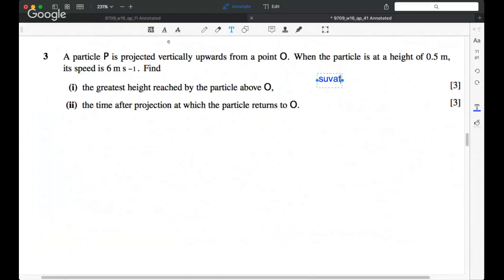SUVAT is just an acronym of the 5 most important components of anything that's in motion. S stands for displacement, and U normally stands for initial velocity. V stands for final velocity.